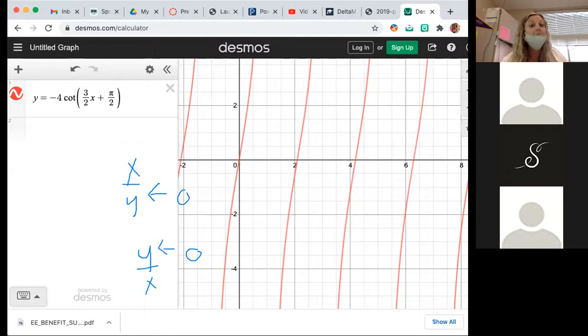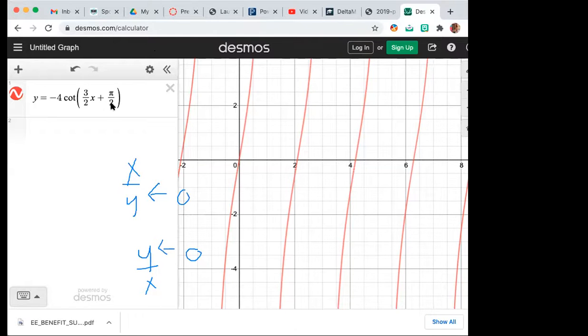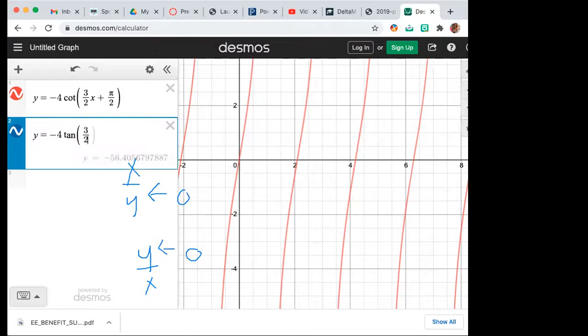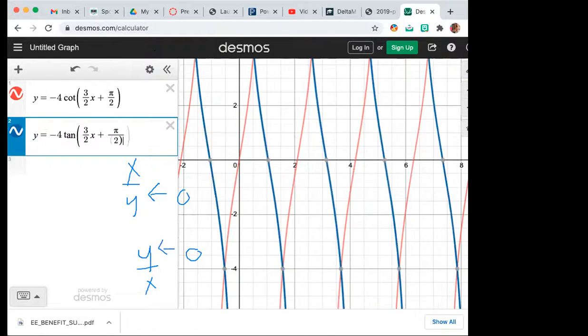So the easiest way to check your asymptotes, in a new box, type in the same equation, but type it in for tangent. Anywhere tangent is 0, meaning here and here and here, that's where your asymptote should be. And vice versa.